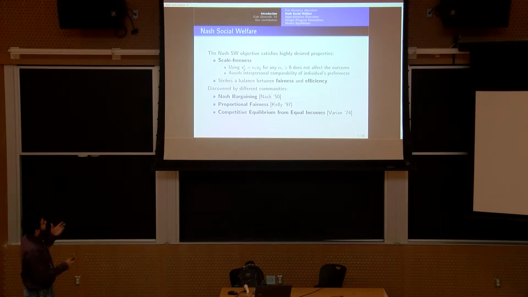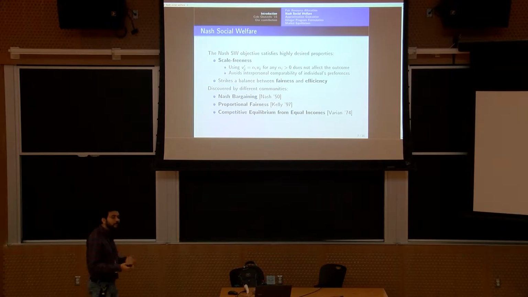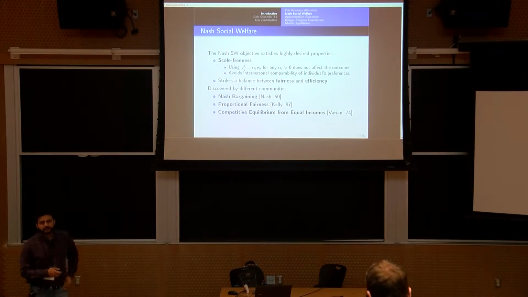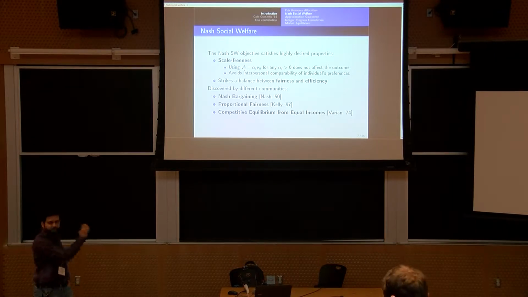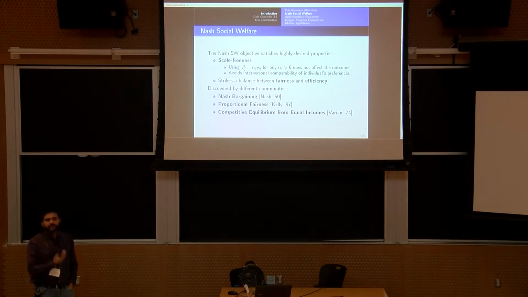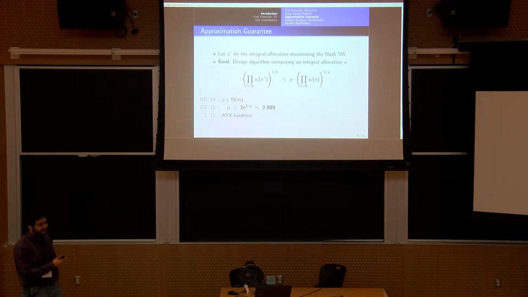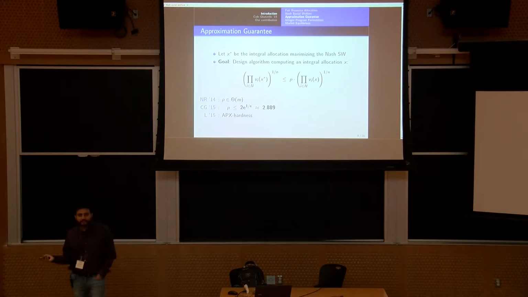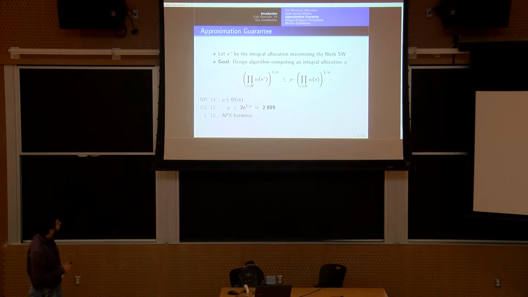And one kind of evidence is that similar notions have come up in many different contexts. I just listed 3 contexts here. So that is one indication of why it may be a nice thing to do. So this is what we want to do. We want to find an allocation that maximizes this product, the Nash social welfare. This is, as you might guess, an NP-hard problem because we are dealing with indivisible items. So we want to find an approximation.